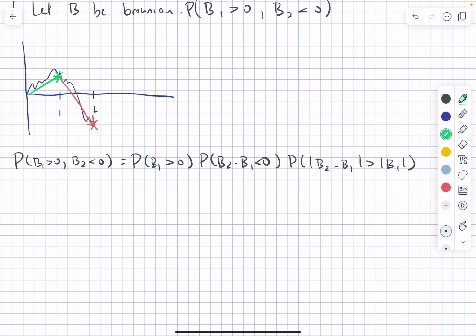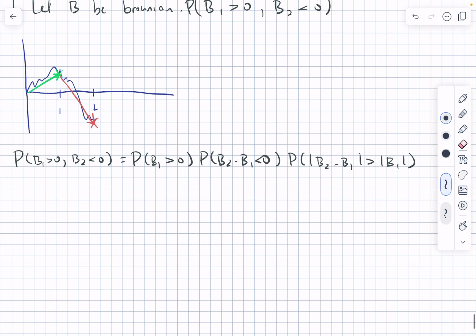Then we need B2 minus B1 to be less than 0, which is saying that after we reach time 1, we've gone down. And finally, we need the absolute value of B2 minus B1 to be greater than the absolute value of B1, which is saying the degree that we went down is greater than the degree that we went up. So the red arrow is greater than the green arrow in terms of magnitude.